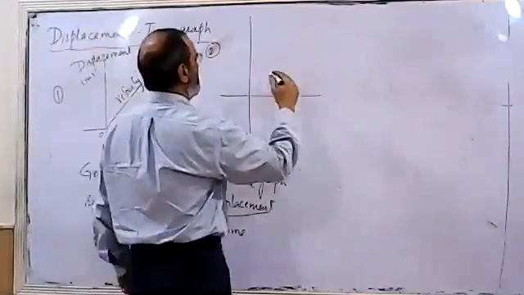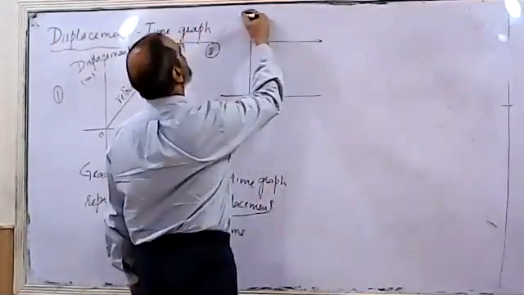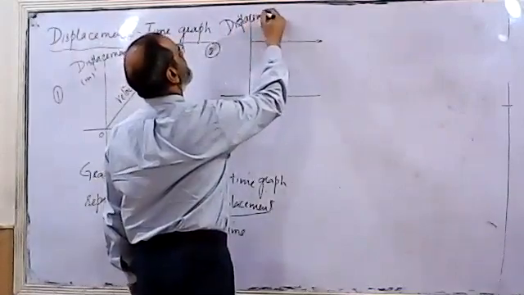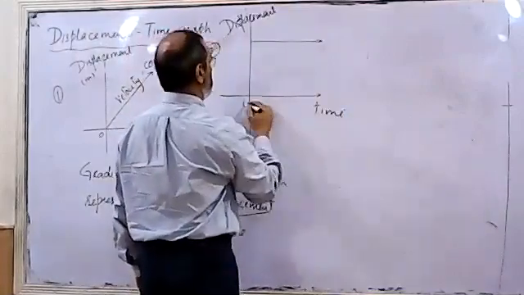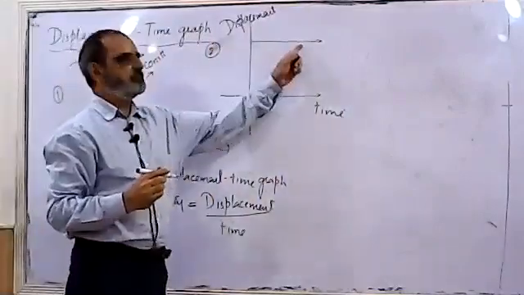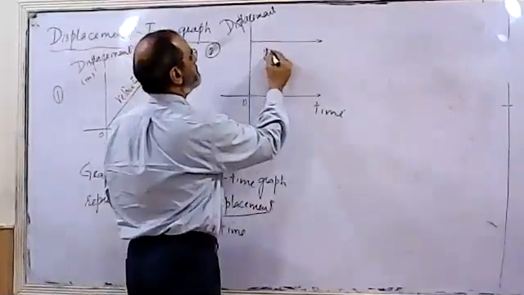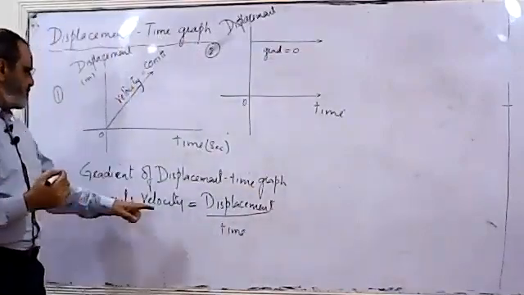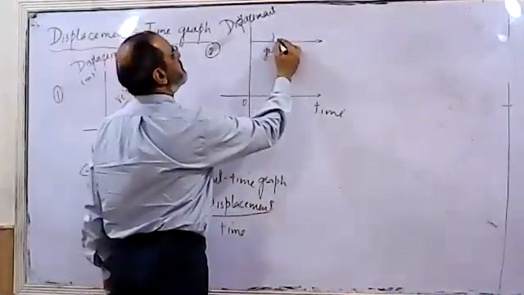Second case. If the line is horizontal, its gradient is 0. Because velocity is represented by the gradient, its velocity is also 0.